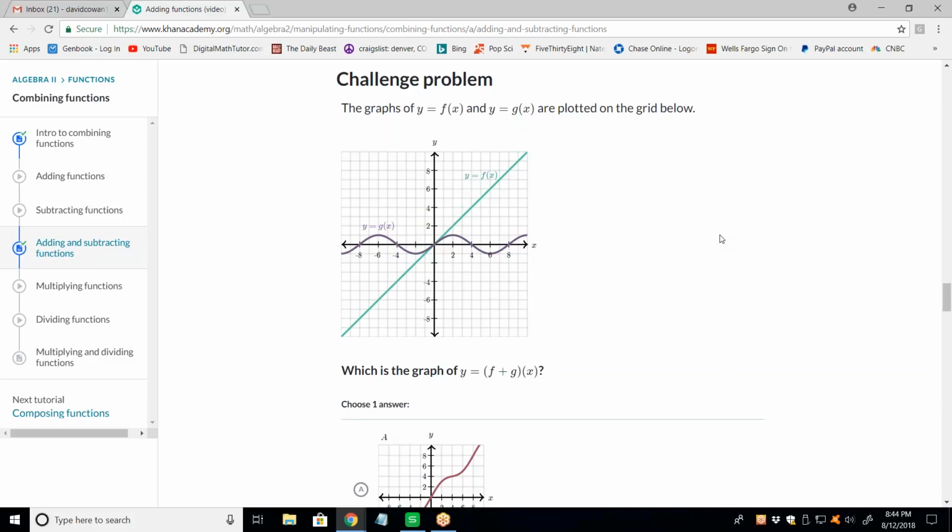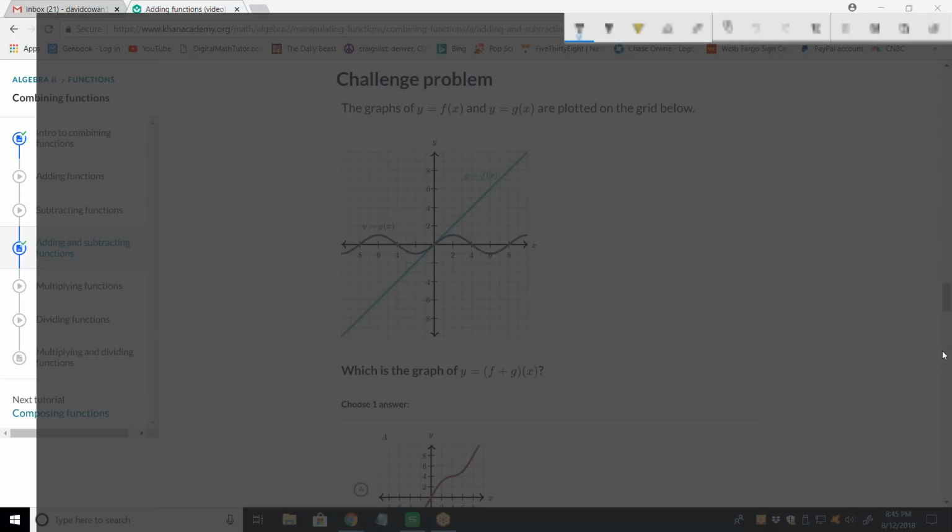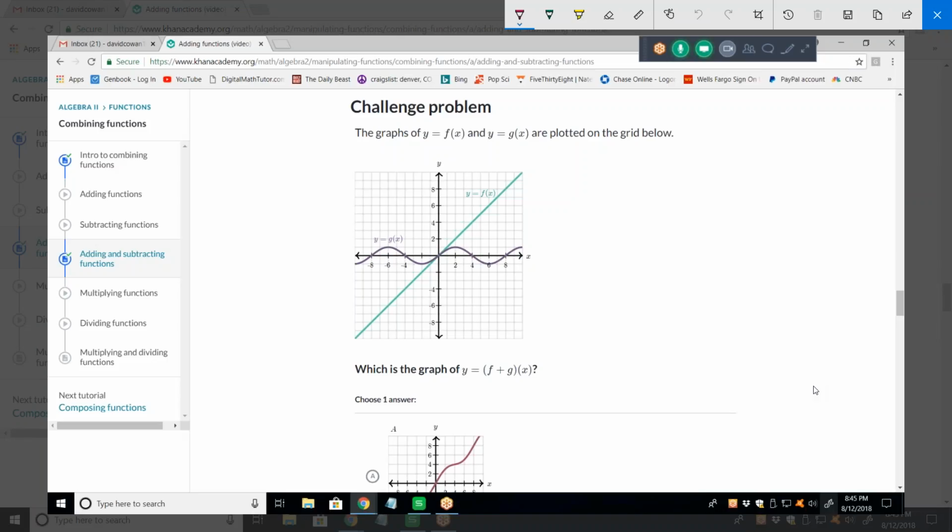Let's talk about this a little bit, just because it's really important. What is the general equation for a linear function? Y equals mx plus b.